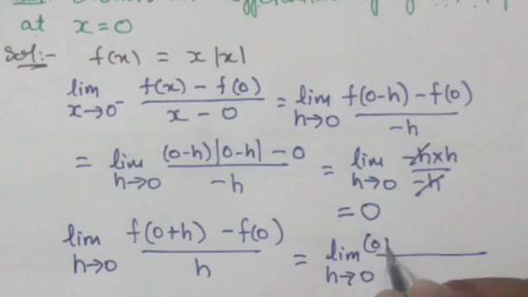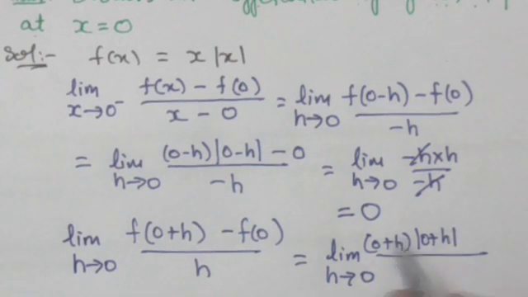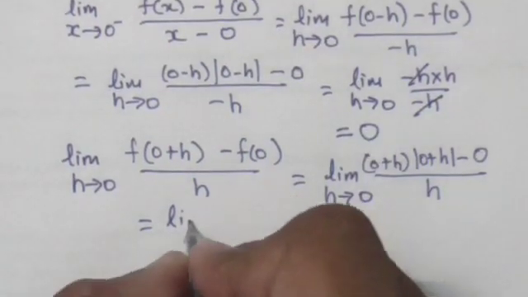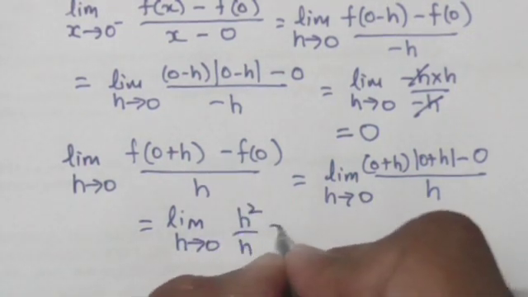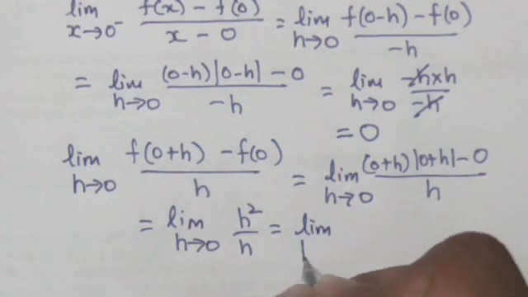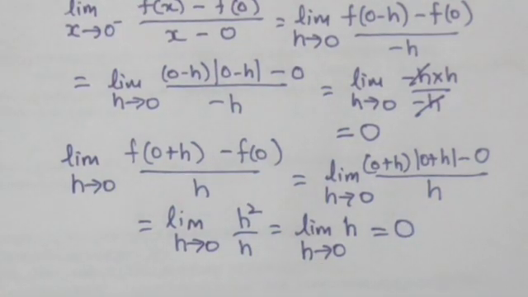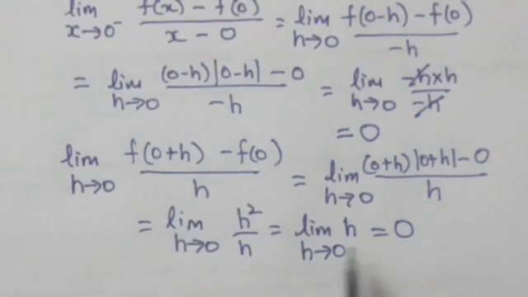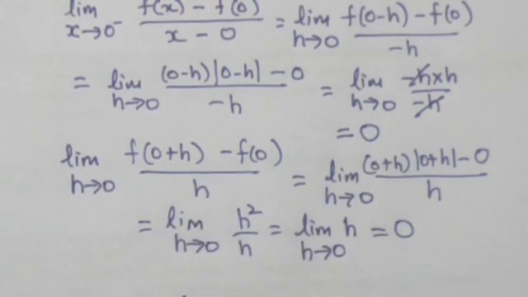It is (0 plus h) mod (0 plus h), minus f(0), which is 0. So it will be limit h tends to 0, h square upon h is equal to limit h tends to 0, h is equal to 0. So here you can see that both left hand derivative and right hand derivative of this function f(x) at x is equal to 0 are equal. They both are equal to 0.